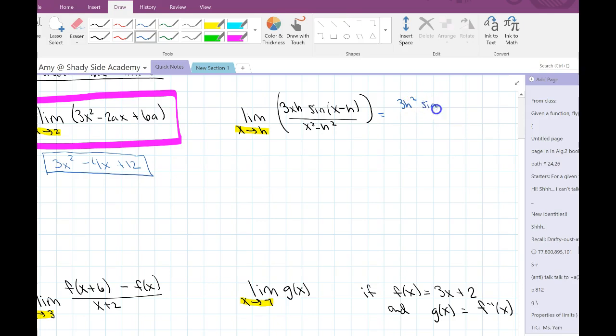Times the sine of 0, all divided by 0, which equals then 0 over 0. And as we know, with 0 over 0, we have to look back and see if there's a way that we can manipulate this limit. Well, hopefully your eye is drawn to this right here. And specifically, the fact that I could rewrite the argument as 3xh times the sine of x minus h all over x plus h times x minus h, because after all, the denominator is just a difference of squares, right?